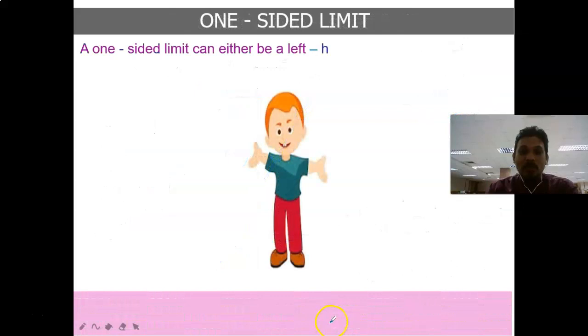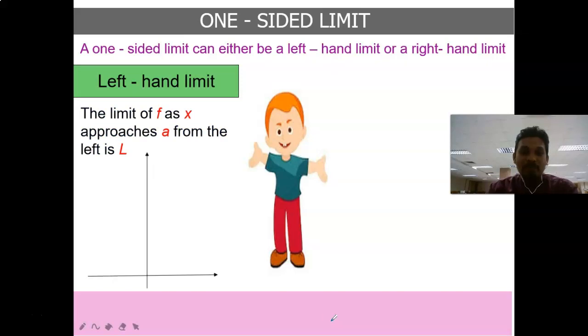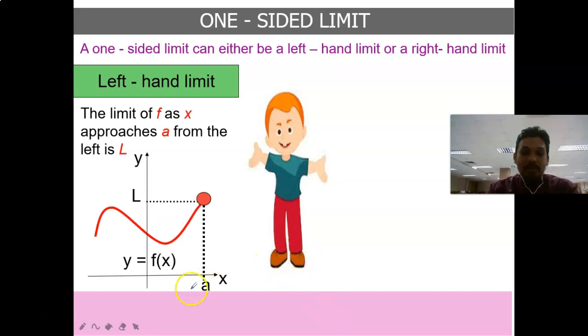A one-sided limit can be either the left-hand limit or the right-hand limit. For the left-hand limit, the limit of f as x approaches a from the left is L. Look at the function here.